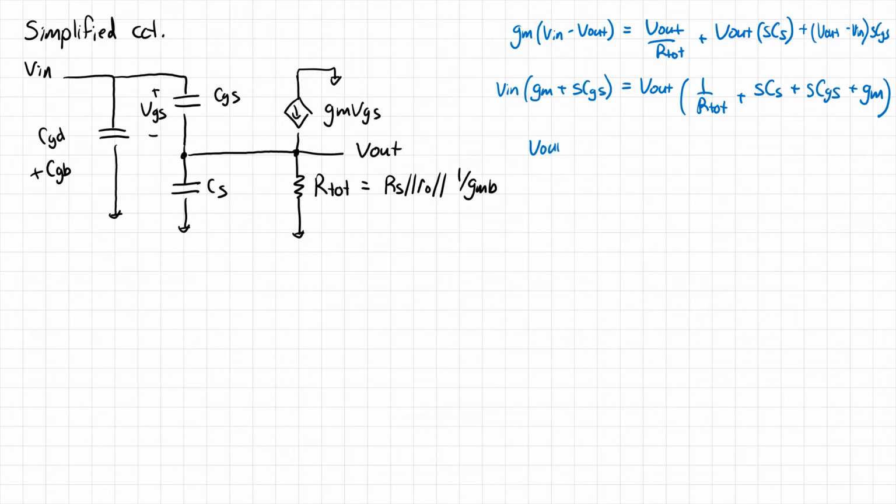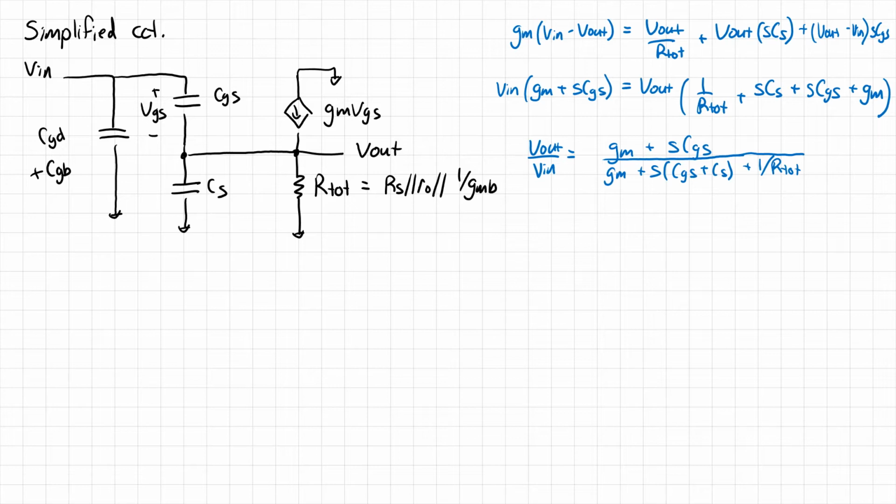We get Vout over Vin is equal to GM plus SCGS divided by GM plus SCGS plus SCS plus 1 over R tot. Oops. Let me write that a little better here. Okay, so this is the correct expression.